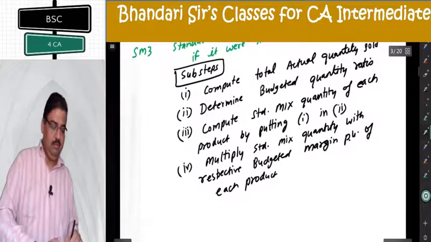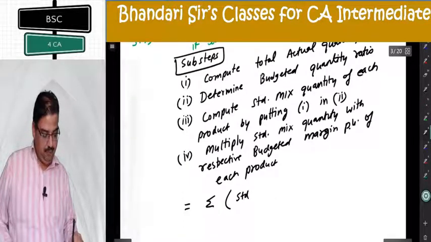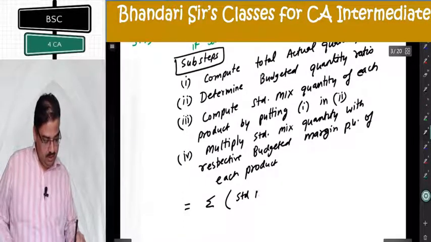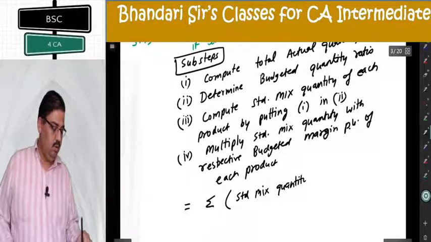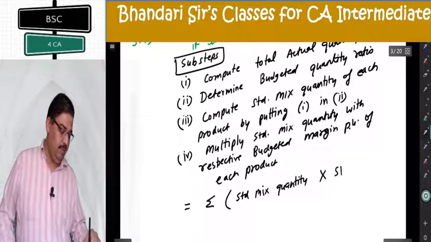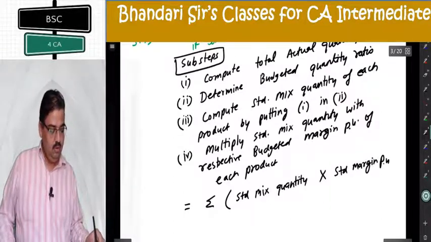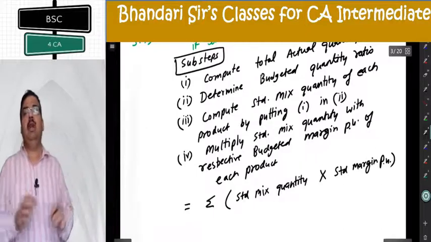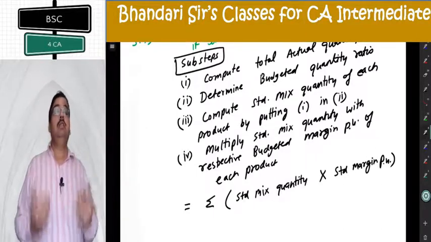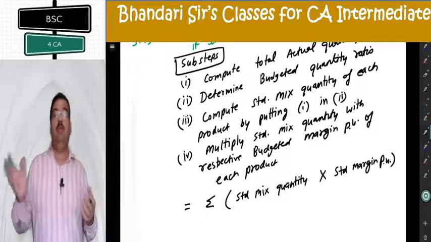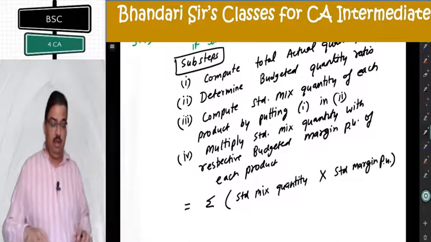So this step SM3 equals sigma of standard mix quantity multiplied by standard margin per unit. Instead of selling price, there is margin. They are exactly the same practice of what you have done earlier. Even standard mix quantity will not be different than what you computed in value variances. So you have to simply keep on computing this.